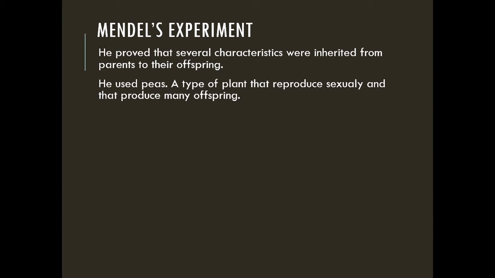He used peas, a type of plant that reproduces sexually and produces many offspring. Here we have two parts that are very important. First of all, we have the stamens, which are the male part that contains sperm, and we have the carpel, that is the female part that contains eggs.